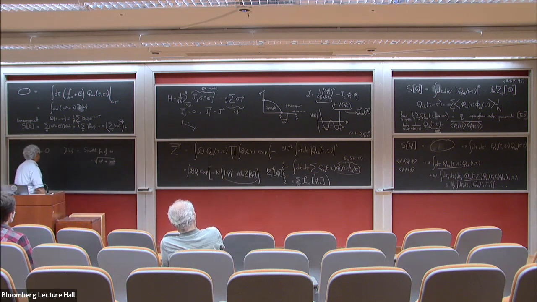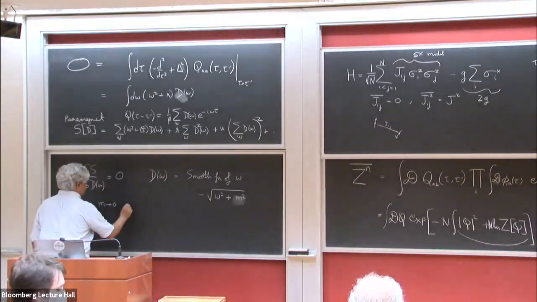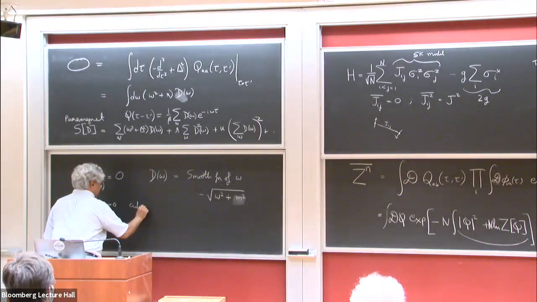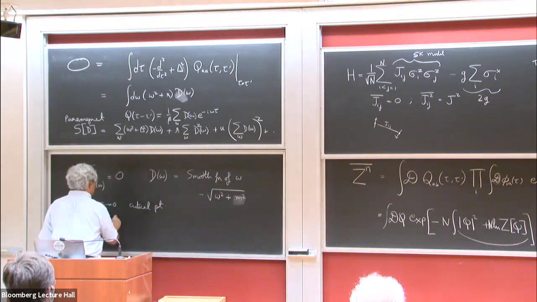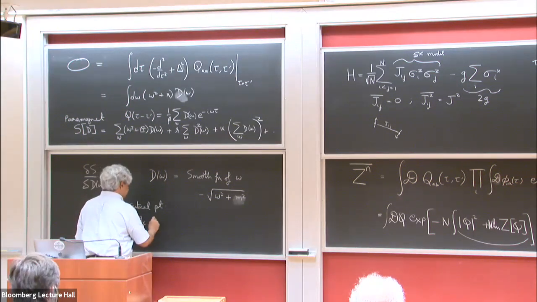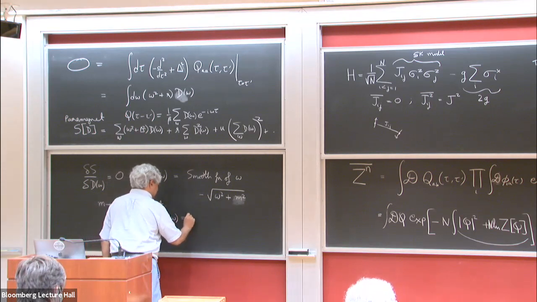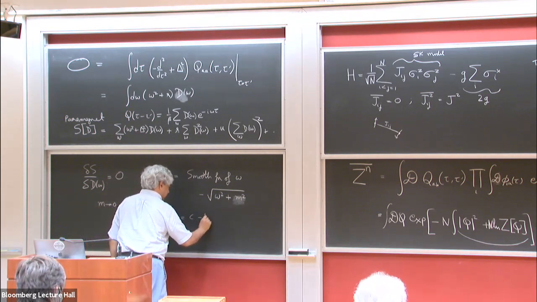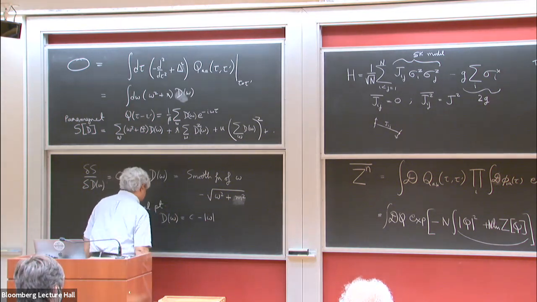Okay, so then as n goes to 0, we have a critical point. And at the critical point, at g equals gc, we have a prediction that d of omega is some constant minus mod omega. So that's a gapless spectrum.